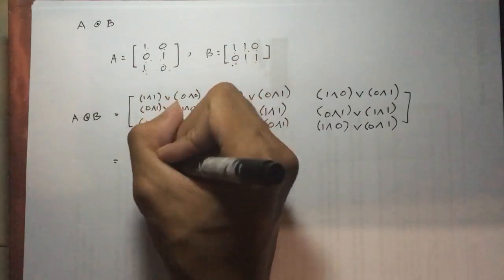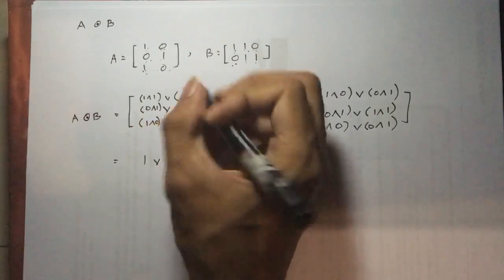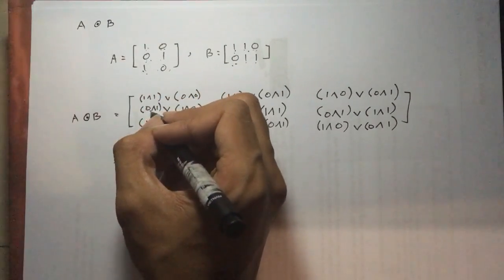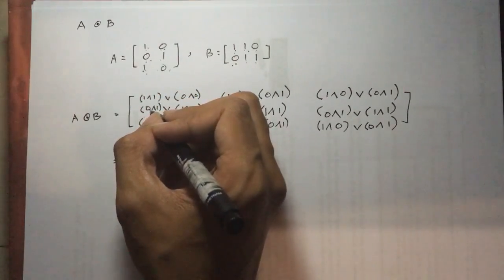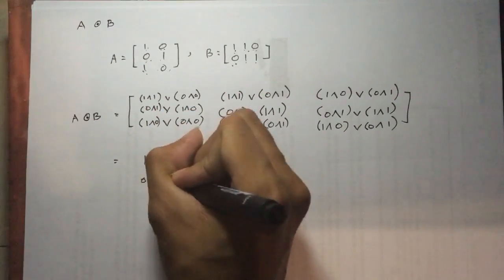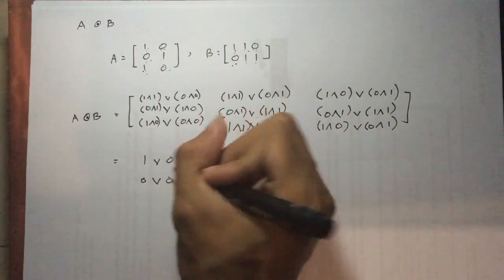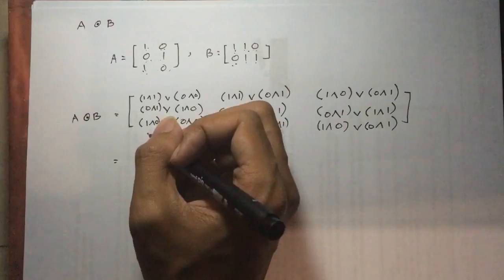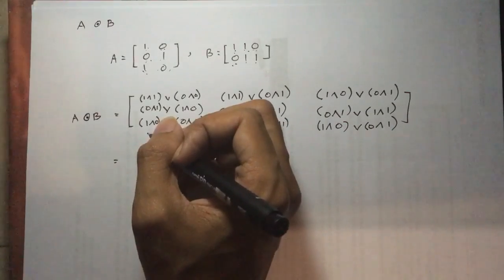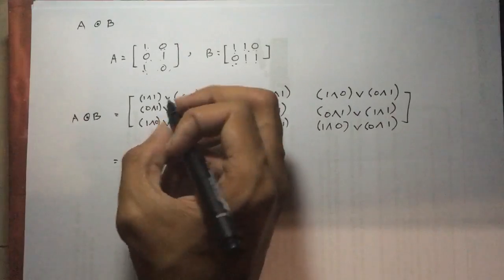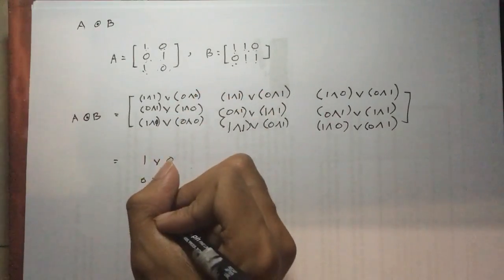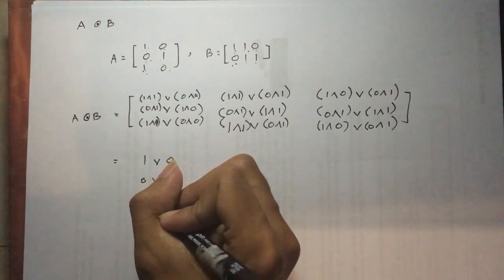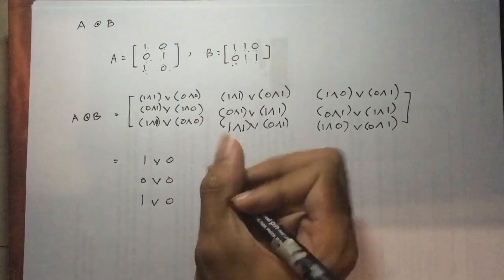This will become 1 or 0, 0 or 0, 1 or 0.